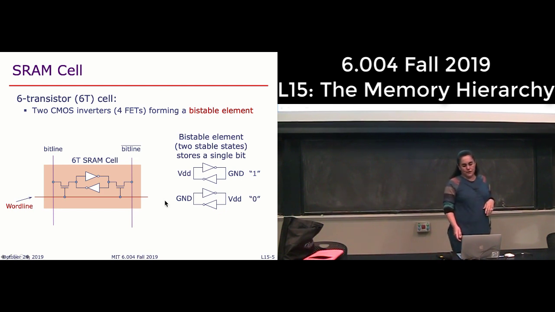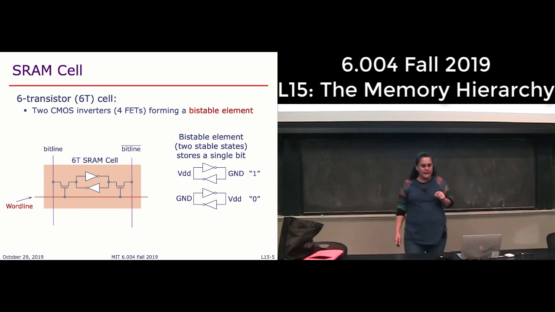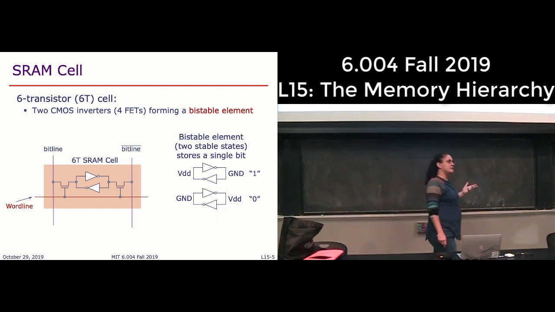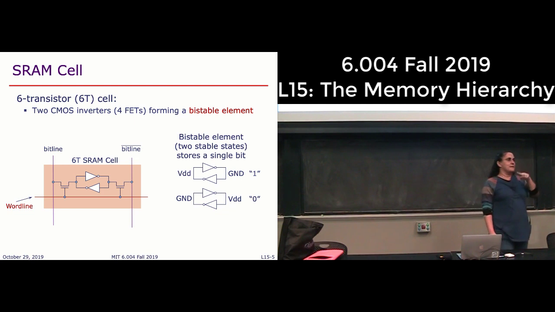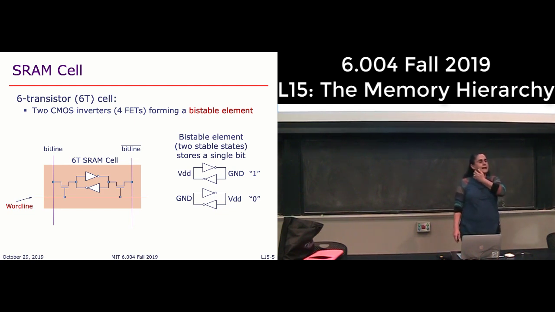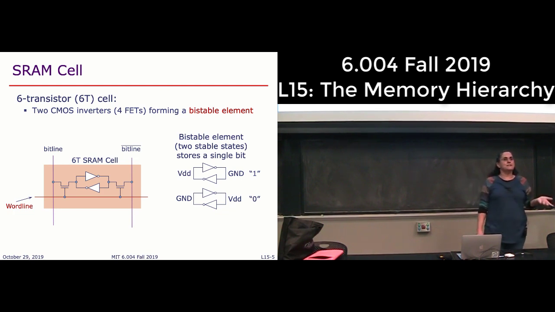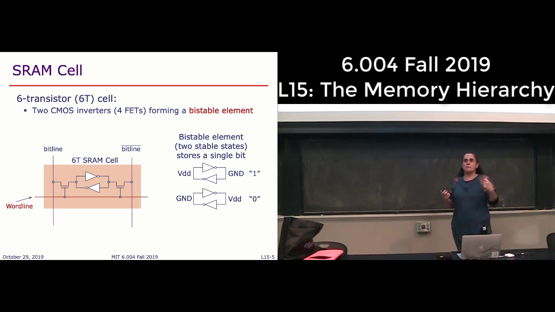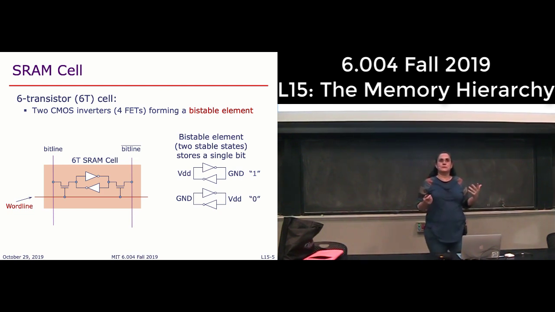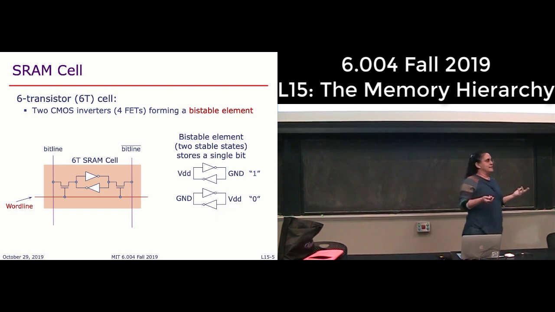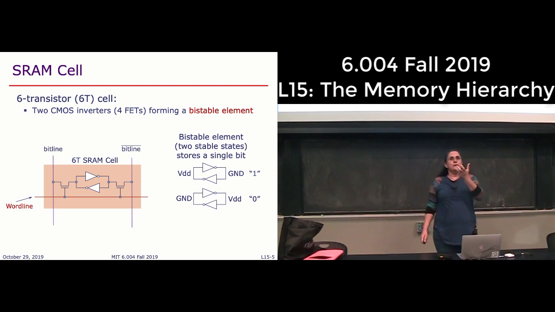Similarly, if I have ground on this side, I'm going to maintain the ground value. When tied together in this feedback mechanism, the inverters are very good at maintaining a value, because even if noise is introduced into the system, they continue to produce a valid output, so my representation of zeros and ones stays good and valid the entire time it's being stored. So those 2 inverters are what's actually storing my value.